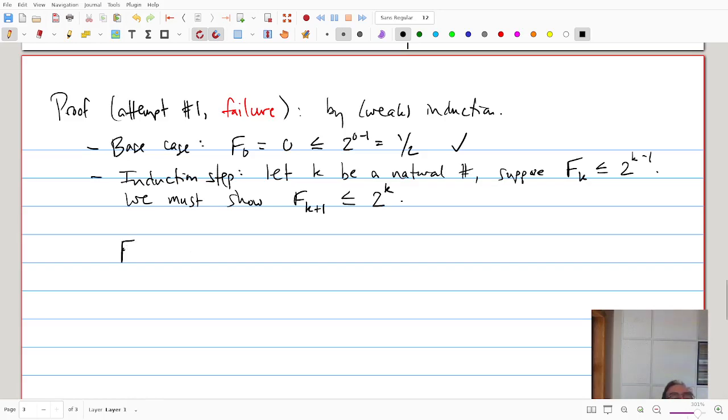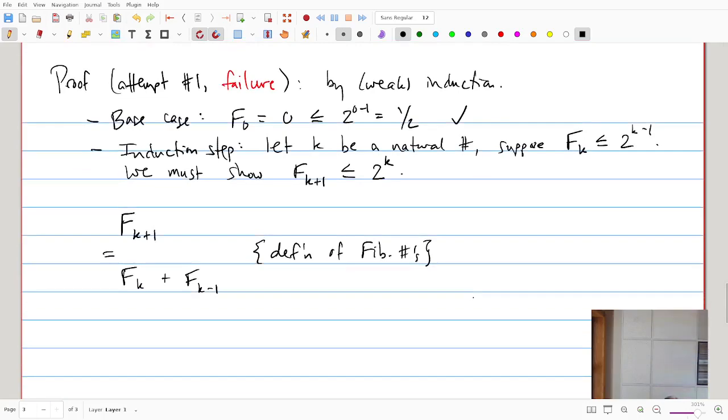So we're going to say, all right, fk plus 1. Well, what can I do with fk plus 1? Well, I have my definition of Fibonacci numbers, right? So I could say this is equal to fk plus fk minus 1. Right, so this is by definition of Fibonacci numbers.